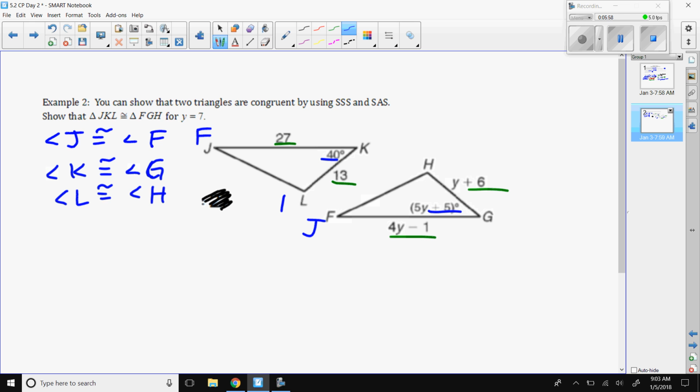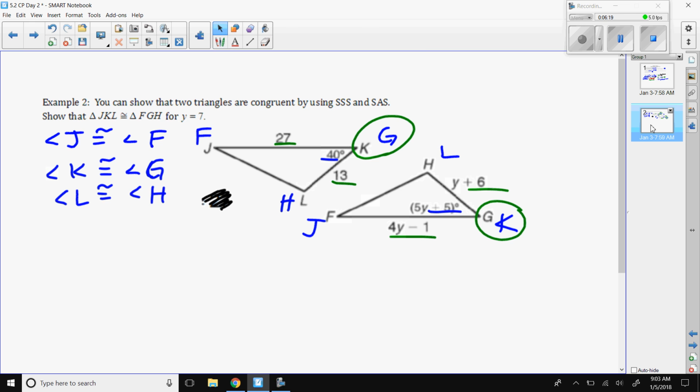L is also talking about H. H is also talking about L, and K is talking about G, and G is also talking about K. So now that I match these up, I can see that K and G are the same, and this is one of the angles.